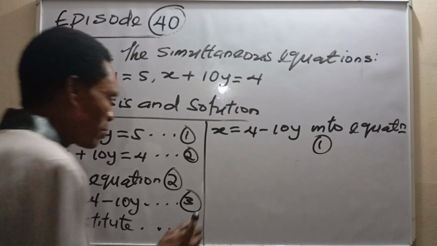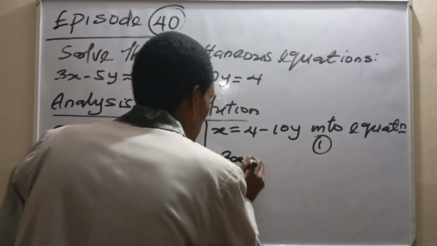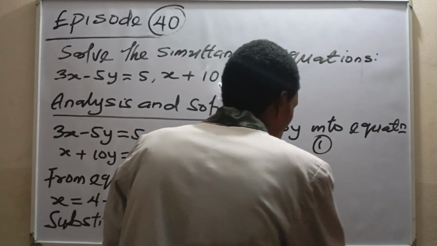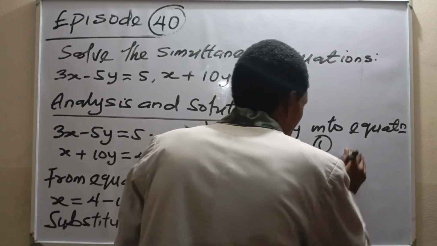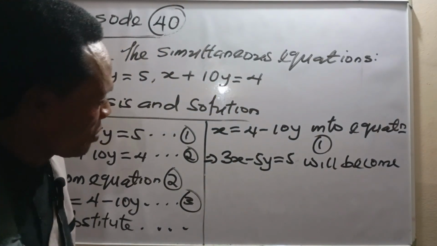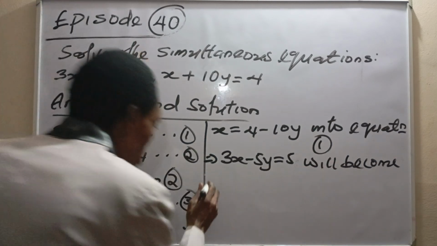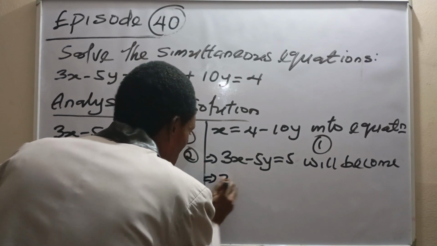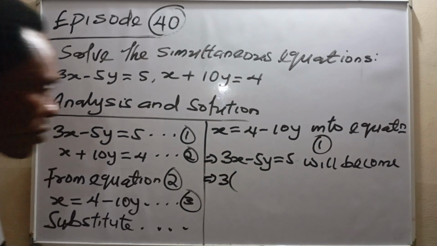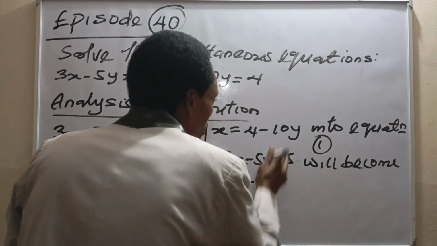So we can now say, which implies 3s minus 5y equals 5 will become, instead of me writing s, I will replace it by 4 minus 10y.